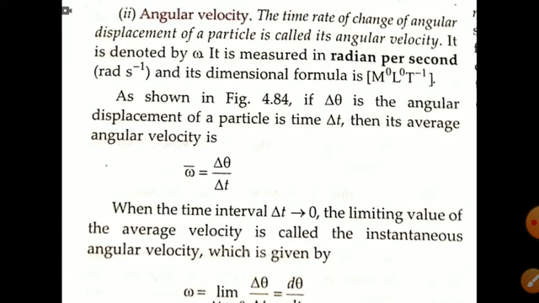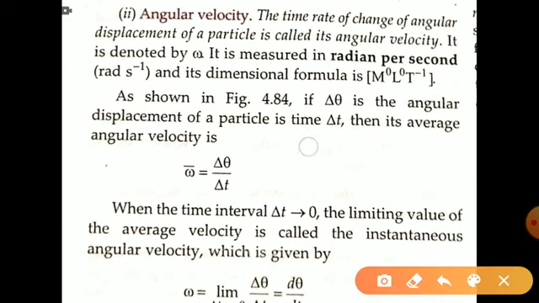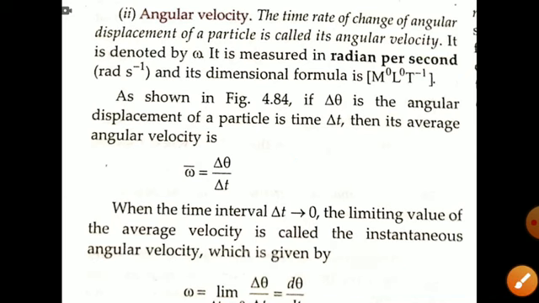Next is angular velocity. Angular velocity is represented by omega. For this, consider a particle on the circle of radius r at time t, and suppose the particle is at point B after a small time delta t, and delta theta is the angular displacement.